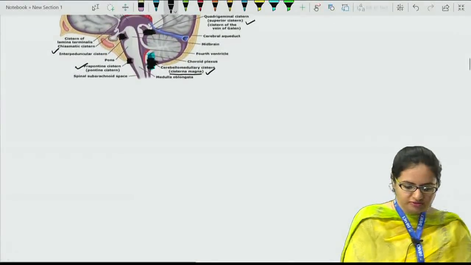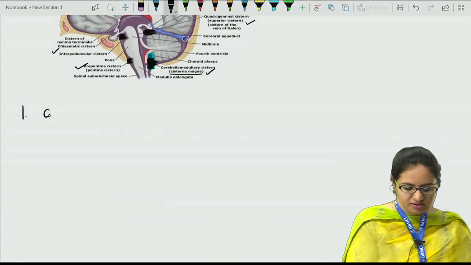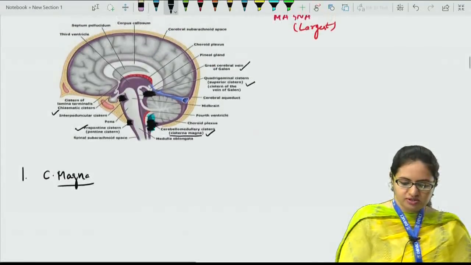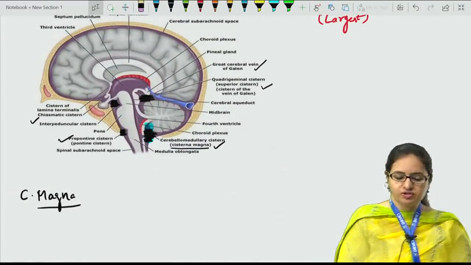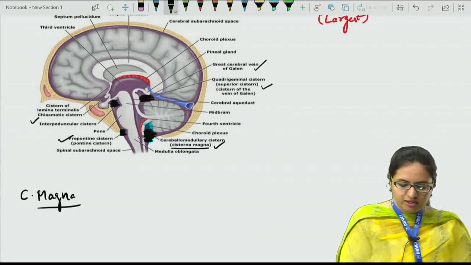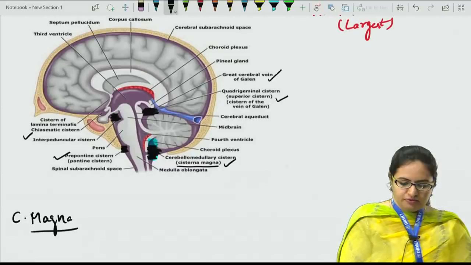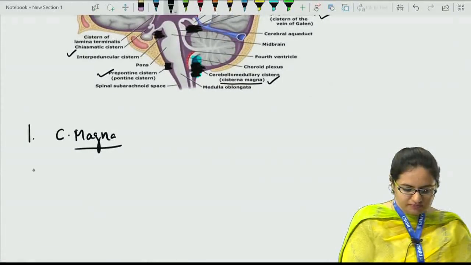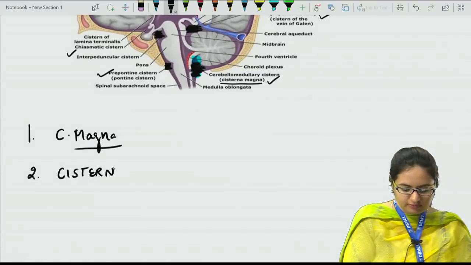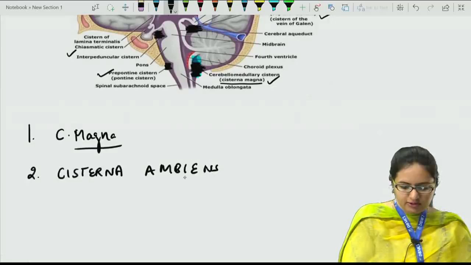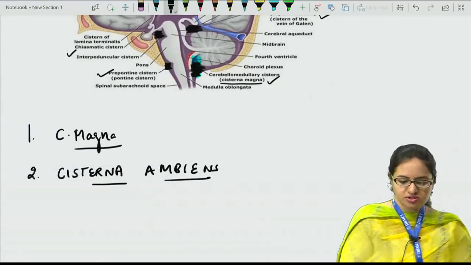So if we talk about the cisterns, first is the cisterna magna, which is the largest. The location of the cisterna magna is between the medulla and the inferior aspect of the cerebellum. The second one is the cisterna ambiens.